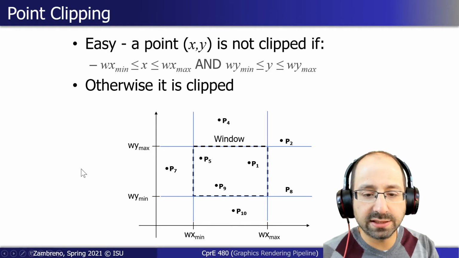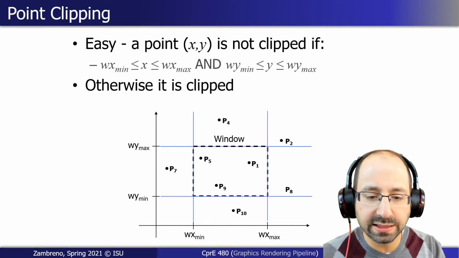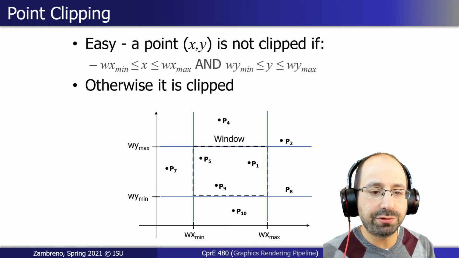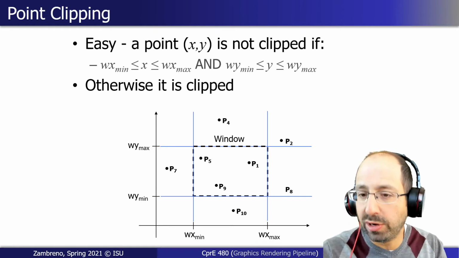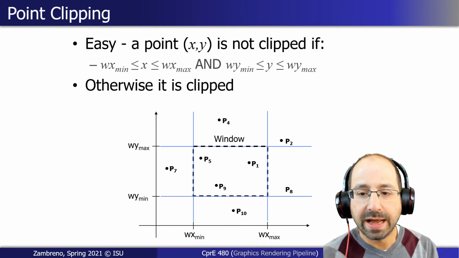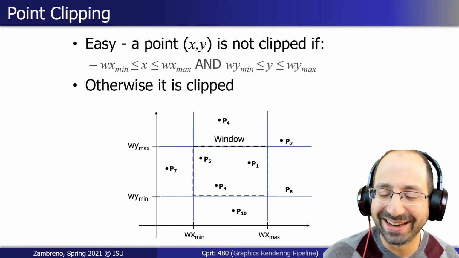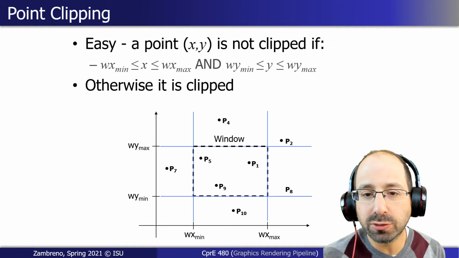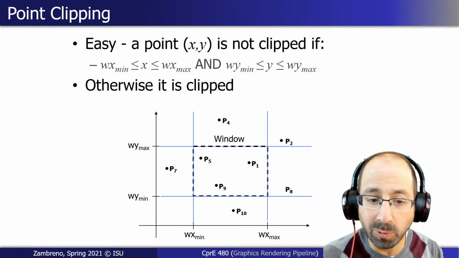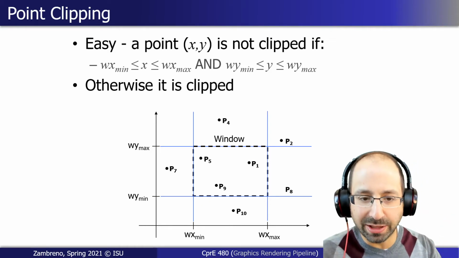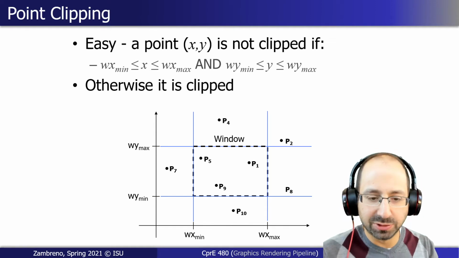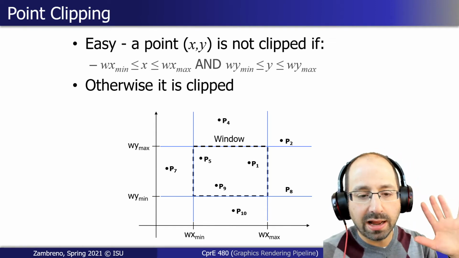So some of those cases are easy, or at least relatively straightforward. If we're just doing point clipping, so GL points is what I'm referring to here, we just have to check the bounding box, right? If it's in normalized device coordinates, we're just literally checking -1 to 1 in our X dimension and Y dimension. We'll talk about Z as well in a moment here.